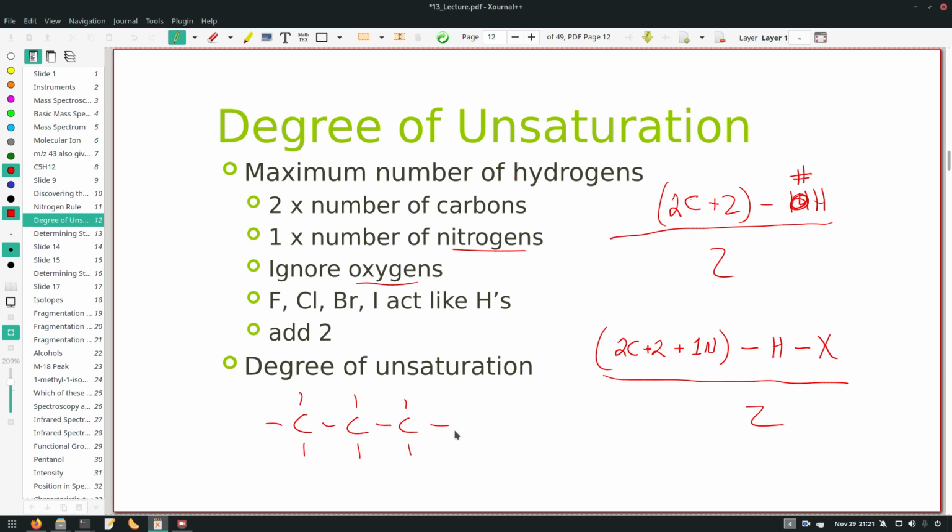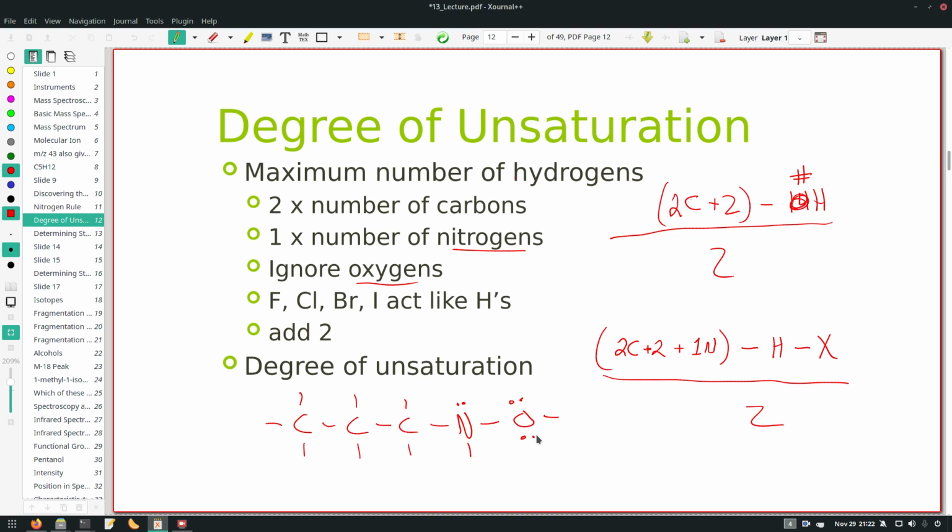Well, if I add a nitrogen to that, going out one more further, that's still the end. The only thing I have to add to it is the 1 hydrogen that would be there, because this other side is a lone pair. So that's why it's just 1 times the number of nitrogens for the number of spots off of it. And oxygens, we totally ignored because both sides of the oxygen are lone pairs.